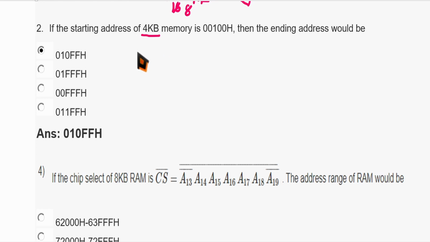You remember that 2 power 10 is 1 KB. So for 4 KB, 2 power 10 into 2 power 2, that means 2 power 12. This is 4 KB.